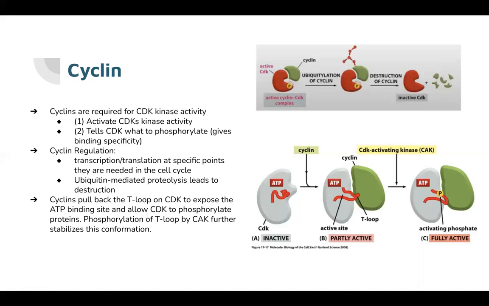So cyclin pulls that T loop back and allows ATP to diffuse in so that this complex can phosphorylate downstream proteins cyclically through the cell cycle. And remember, CDK activating kinase, which we'll talk about in a couple slides, also phosphorylates the T loop to further stabilize this conformation. Any questions on this?